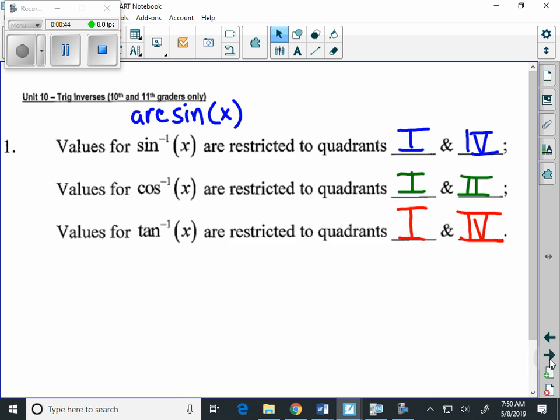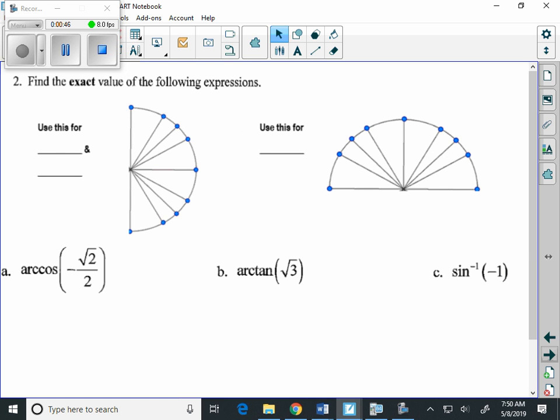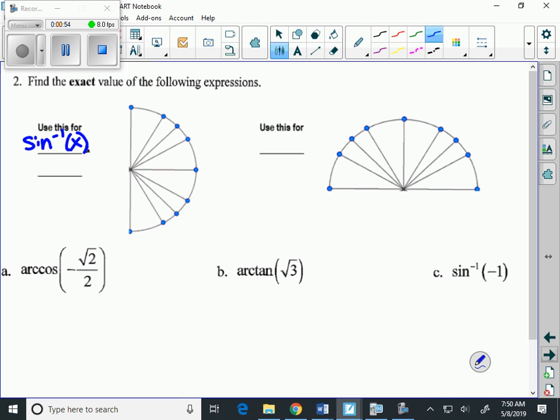Even though this isn't on your paper, these circles should look familiar to you. Over here, this circle is for the inverse sine and the inverse tangent.